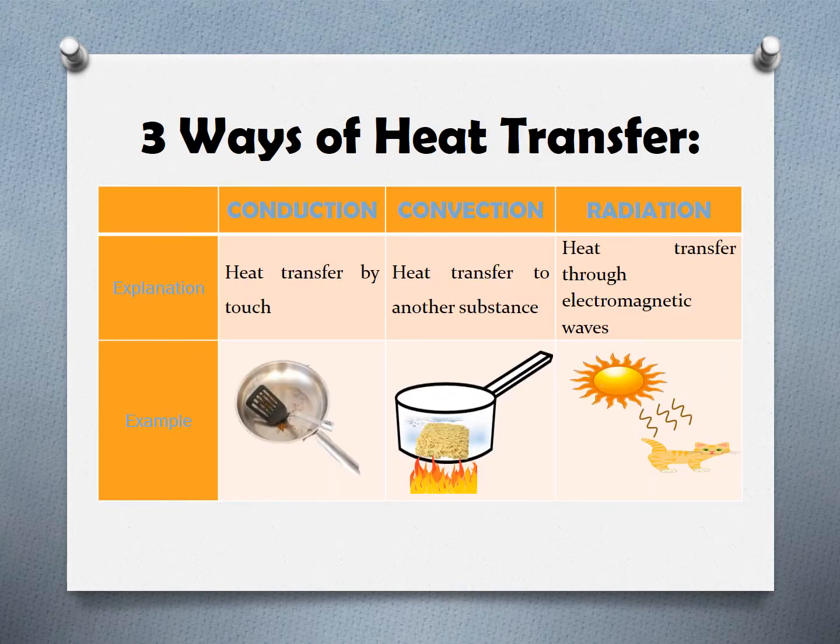There are three ways of heat transfer, which are conduction, convection, and radiation. Through conduction, the heat transfers by touch, while in convection, the heat transfers to another substance, and in radiation, the heat will transfer through electromagnetic waves.